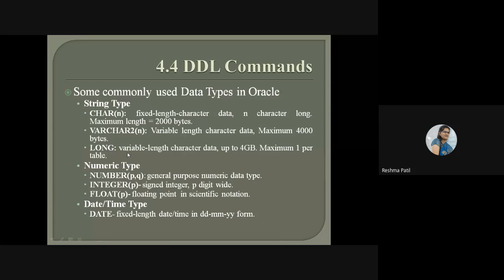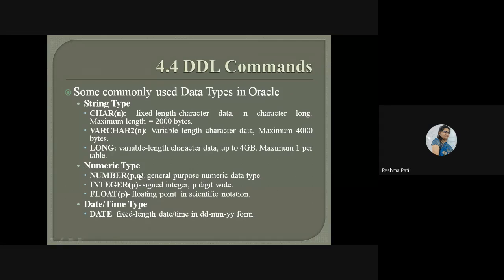The second type of data type is numeric type. Here we can get a number from the user, a number for example like 10.00. If you want such a type of number, then we write number(p,q). Here p is as it is, but in q we can write the decimals, how many decimals you want from the user. That number we can specify here.